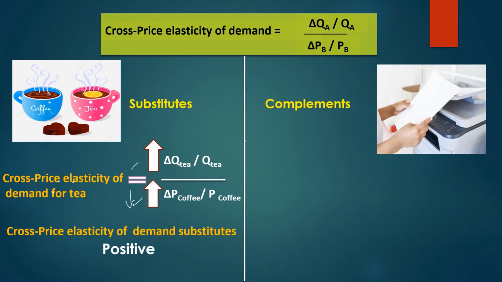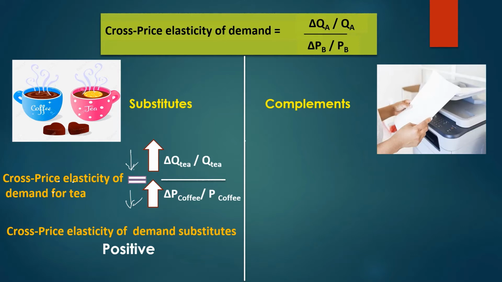People will purchase more coffee and they will purchase less tea. So again, the numerator and denominator values are moving in the same direction. Whenever there is a direct relation, we always denote that with a positive sign. I hope that you have understood this concept of cross price elasticity with regard to substitutes.